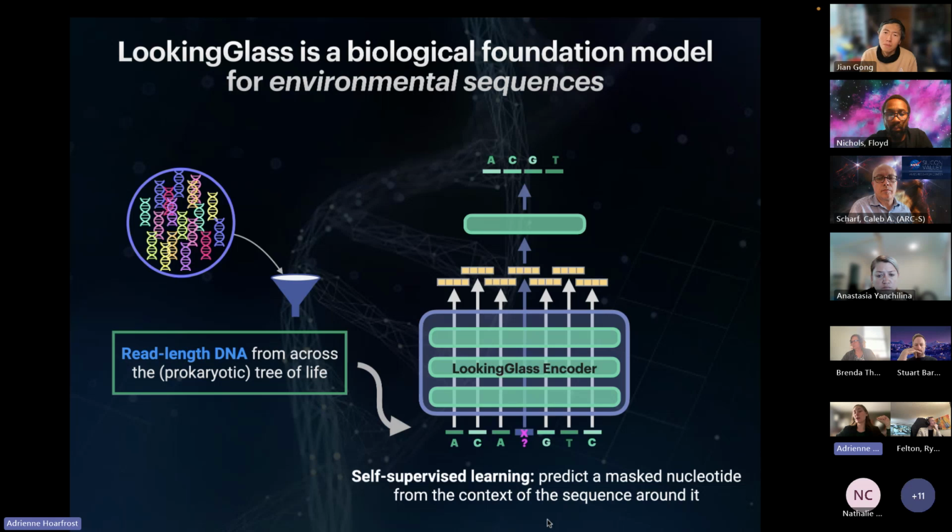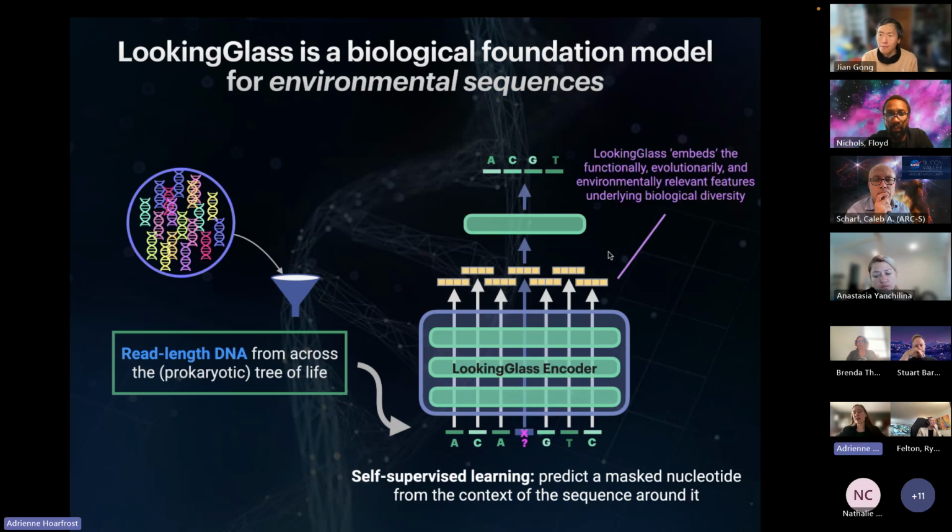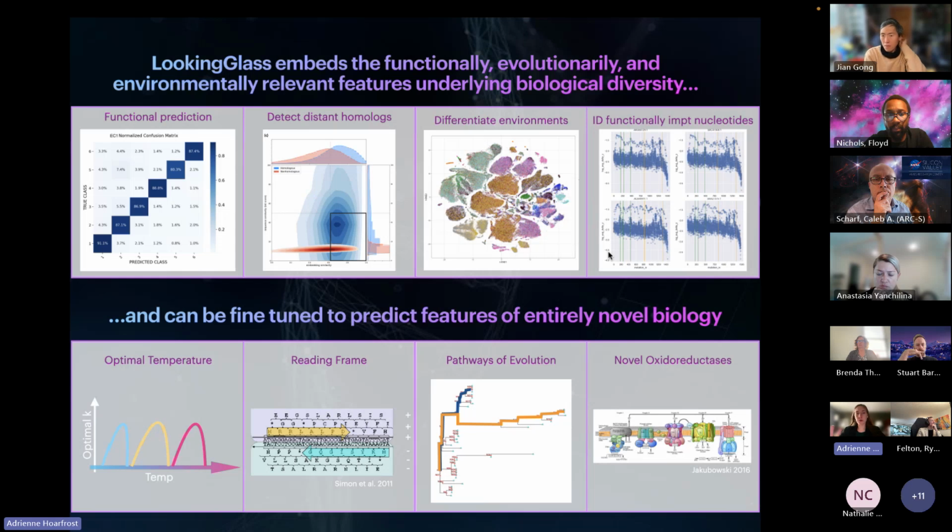And so we do something very similar to what the language models do. You're predicting a masked nucleotide from the context of the sequence around it, never mind the details. But you do this massive pre-training on DNA data from across the microbial tree of life. And from that, you can learn some of those basic functional, evolutionary, environmentally relevant features that underlie biology in general, that you can then fine tune to do all sorts of things, things like functional prediction, homology detection, environmental prediction.